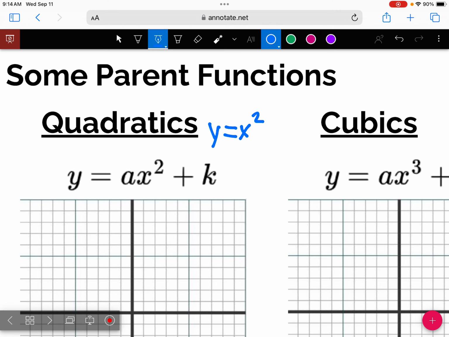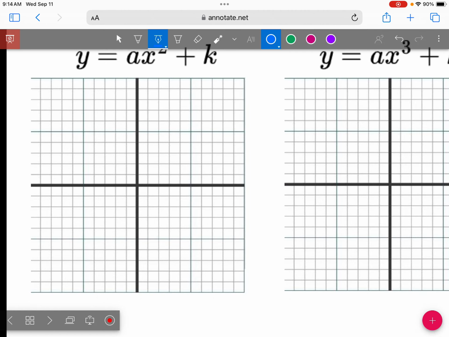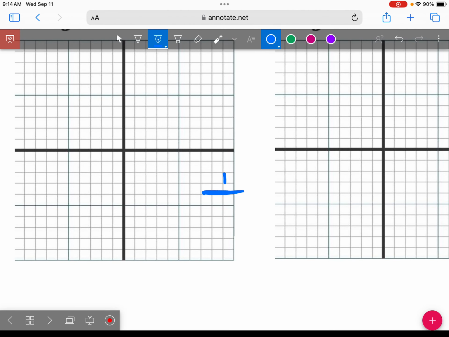So we usually made tables, like a parent table, to plot up points to graph these things. I'm going to put mine over here just because you guys have a little bit more space and I don't want to have to make my screen that much smaller. So I'm going to put my table right here, where we pick x values to find our y values.